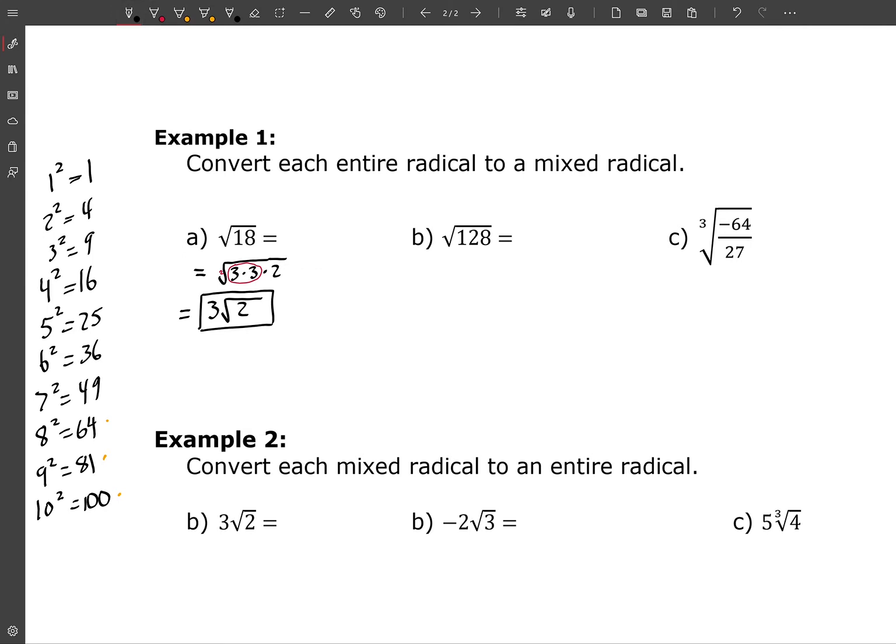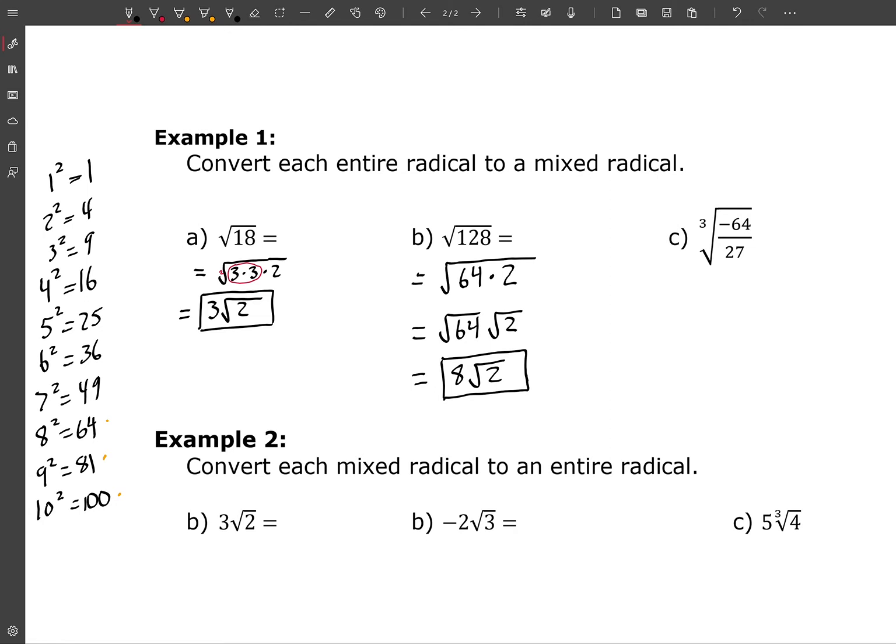If I need to list more numbers to get to that largest possible one, I can do that. So I'm going to rewrite this one as the square root of, well, if I divide 128 by 64, I get 2. So 64 times 2 is 128. And 64 is a perfect square. So this is the square root of 64 times the square root of 2. And the square root of 64 is 8. So what I get is 8 root 2 as my answer.